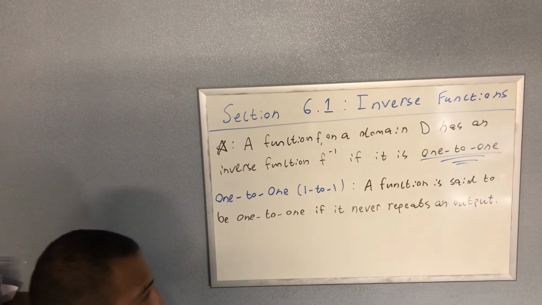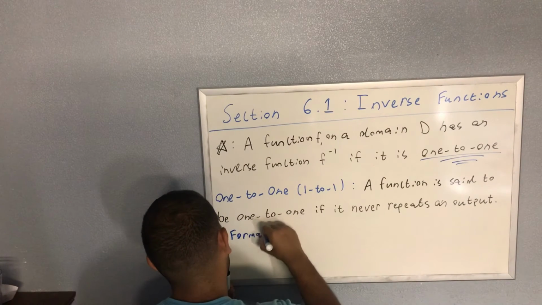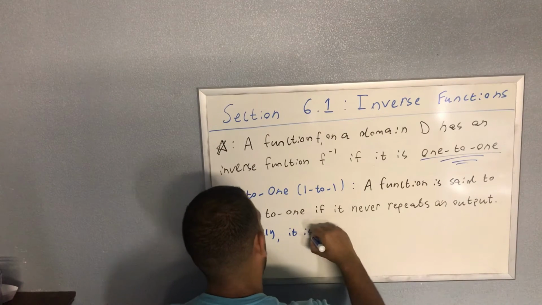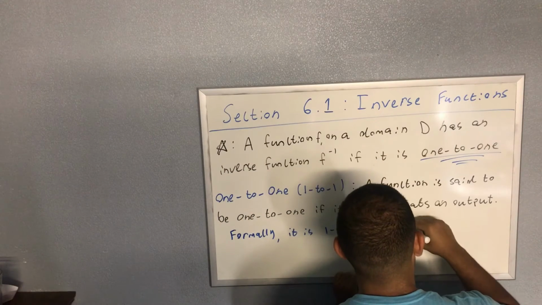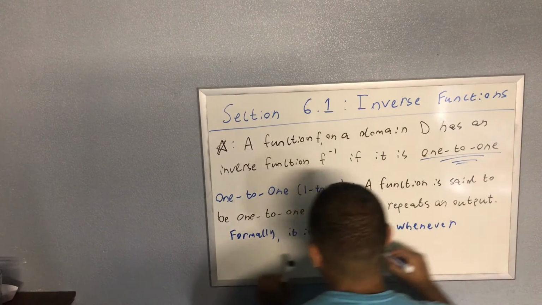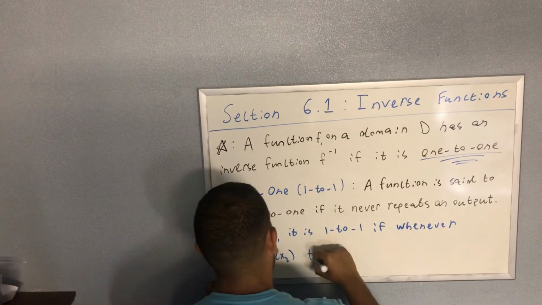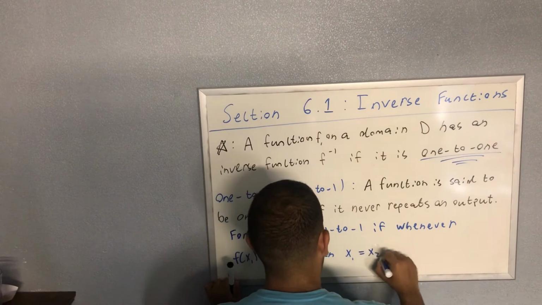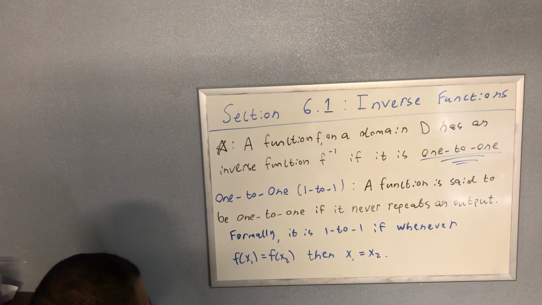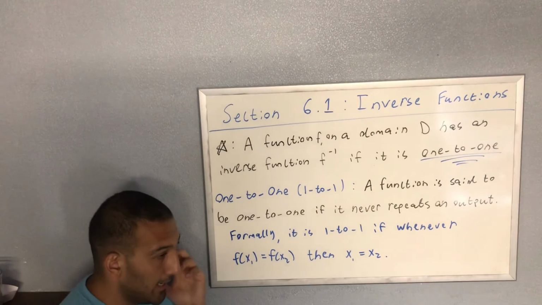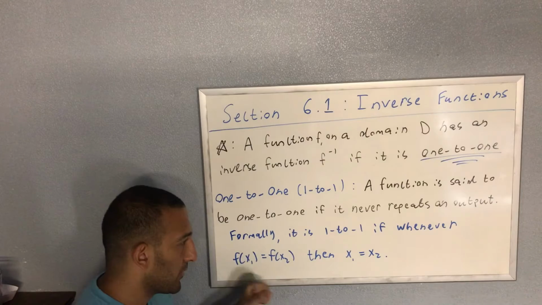But formally, the way of writing this is this. Formally, one-to-one if... So this seems really weird at first, and for the most part, we won't deal with this very formal way of doing it.